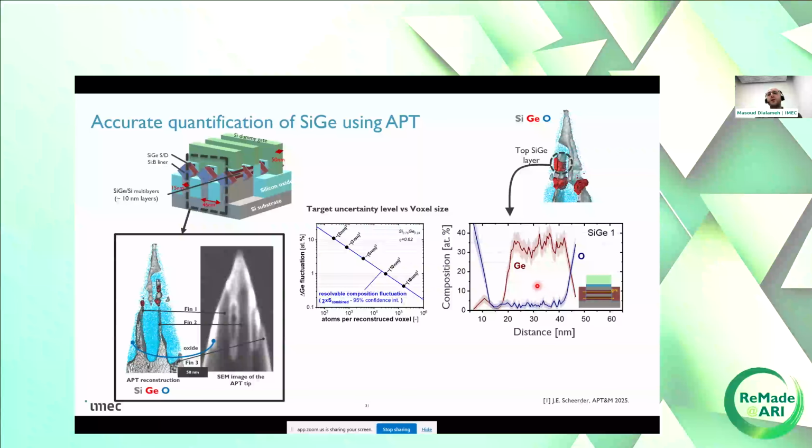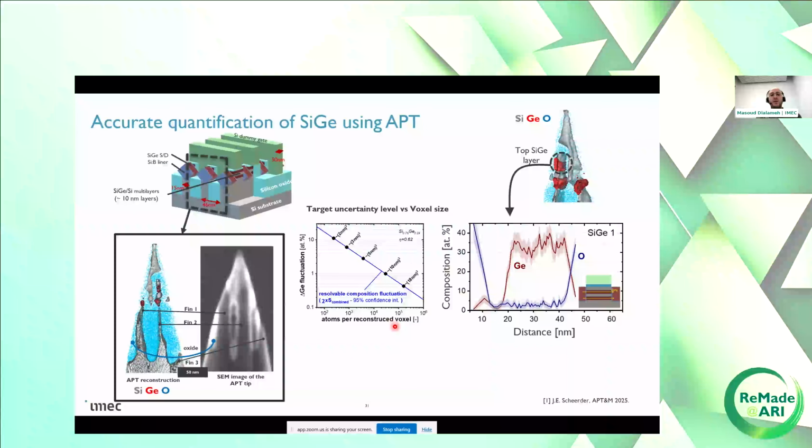Here, to probe the potential variation of germanium composition, we selected very small unit cells. So we obtained this fluctuation in the composition above 10%. But our analysis allows us to tune the voxel size, the unit volume, to have a meaningful or resolvable compositional fluctuation.